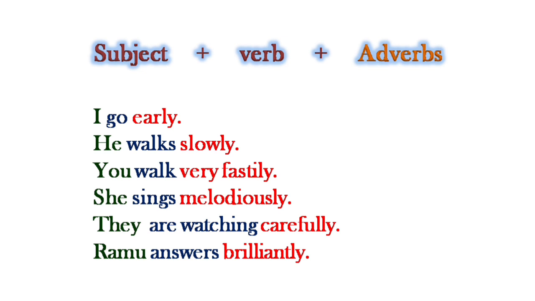Sandhya eats noisily. Like that, by using subject, verb and adverbs also we can make sentences. Here you have to make a try. You have to construct by keeping the subject, verb and adverbs in your mind and construct your own sentences.